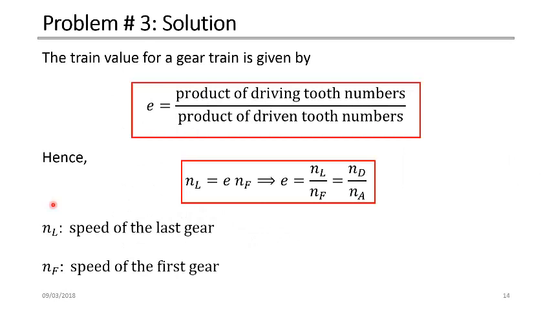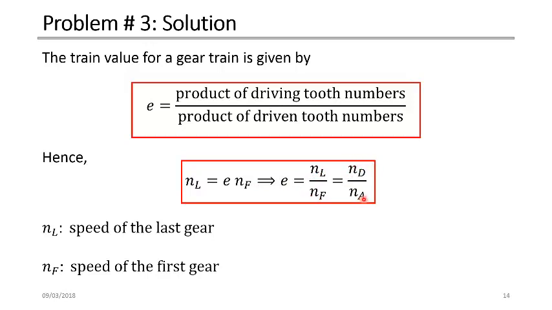So we start again with the train value of a gear train. It's the same: the train value is the product of the driving tooth numbers divided by the product of the driven tooth numbers, and the speed of the last gear, which is ND in this case, is equal to the train value multiplied by the speed of the first gear, which is NA in this case. So E here is N last divided by N first, which is ND divided by NA.